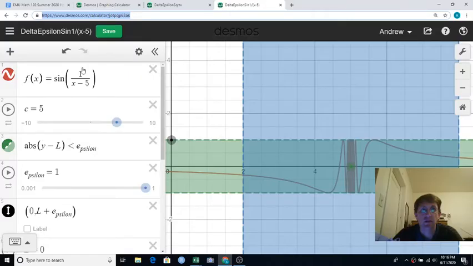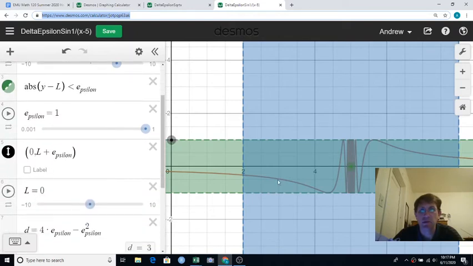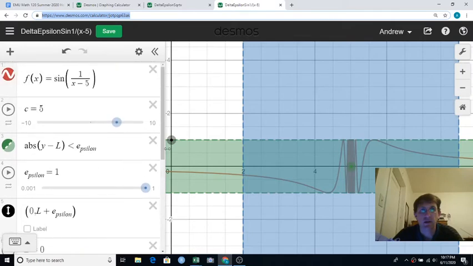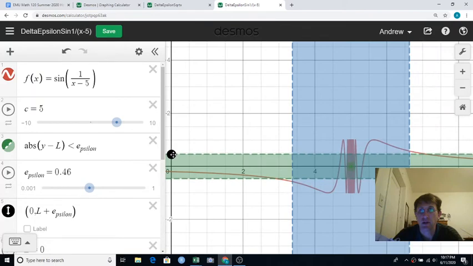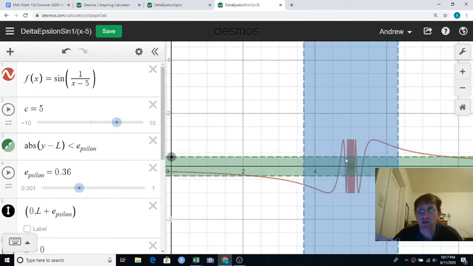So here I've got sine of 1 over x minus 5. I've got my central value of 5 on the x-axis. And I've got a tolerance band for the y values. And we think the limit might be 0. And then if I shrink the tolerance around y equals 0, can I guarantee that the red curve does not leave this green tolerance band by making this blue band on the x narrower and narrower?